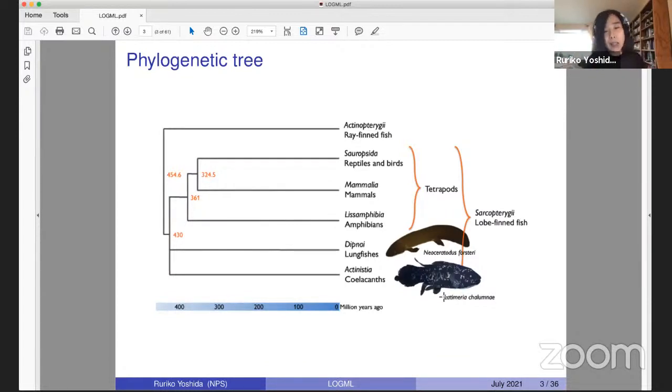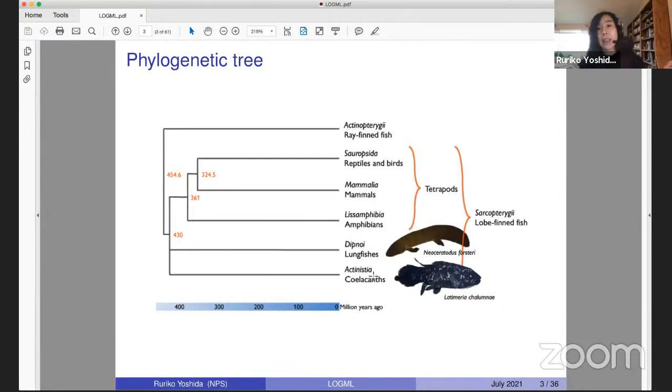And also this is the coelacanth. You might have heard that those fishes live in the deep ocean. So the question is: which one of them, lungfish or coelacanth, is closer to tetrapods?